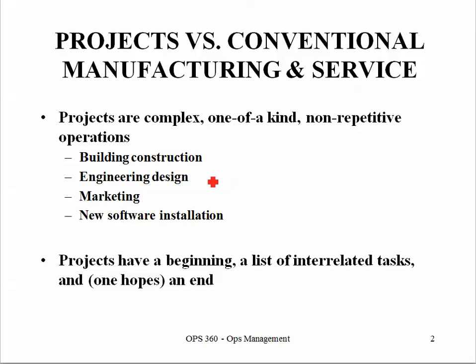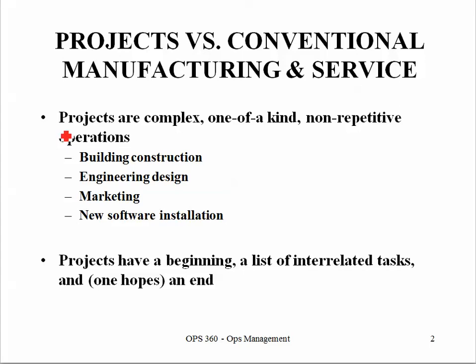You're doing the same thing or a range of similar things over and over and over. Same thing in a service operation, whether you're running a hospital or a movie theater or a hairstylist. You're basically doing the same sort of tasks over and over. You have a limited range of products or services that you offer, and you do these over and over on a regular basis. Projects, on the other hand, are much more complex.